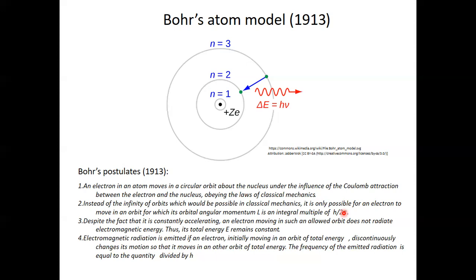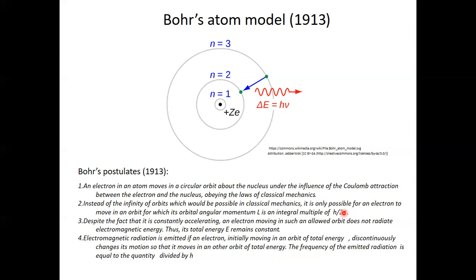It's because of that quantization that the electron would not behave like a classical particle in an orbit and not constantly send out electromagnetic radiation, and because of that would be stable in the orbit.